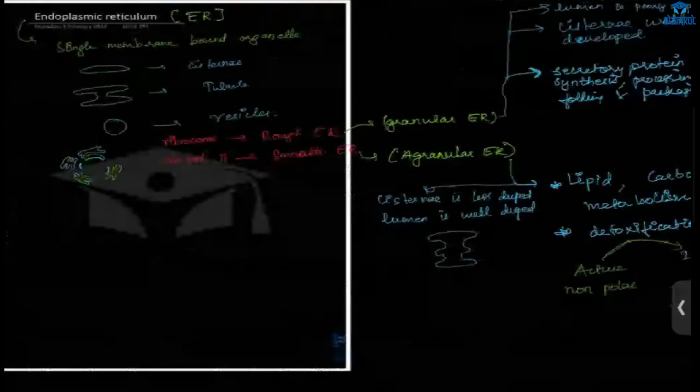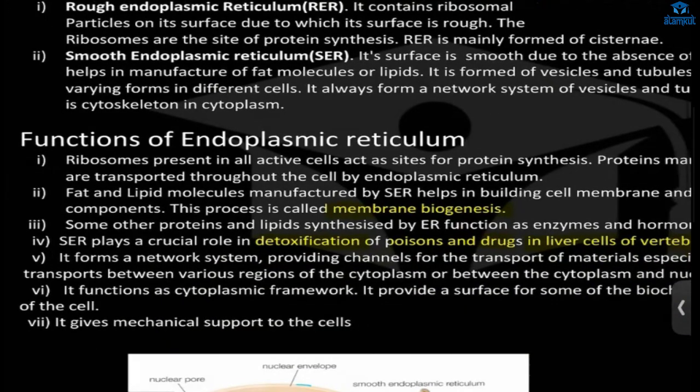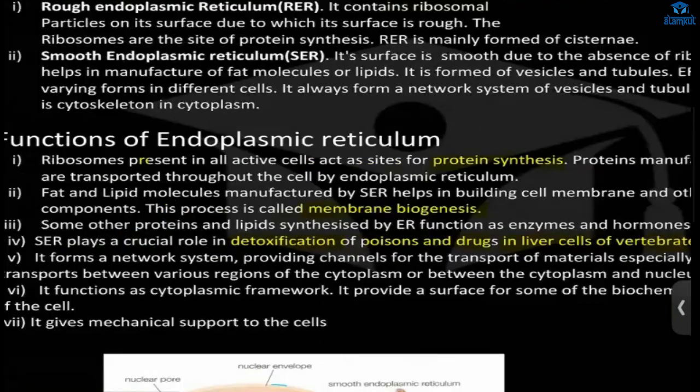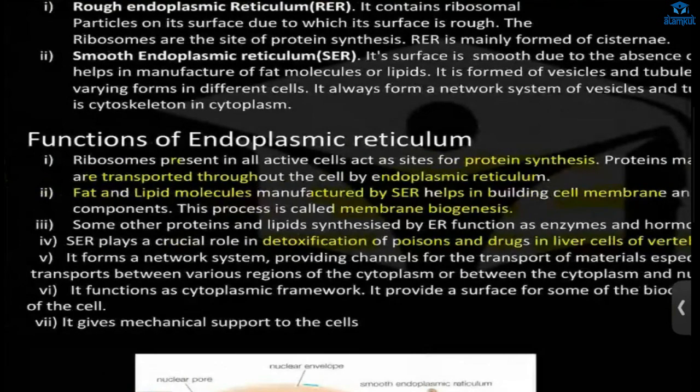First, let's complete this. Ribosomes present in all active cells act as the site for protein synthesis. Proteins manufactured here are transported throughout the cell by the endoplasmic reticulum. Fat and lipid molecules manufactured by the SER help in building the cell membrane and other components.